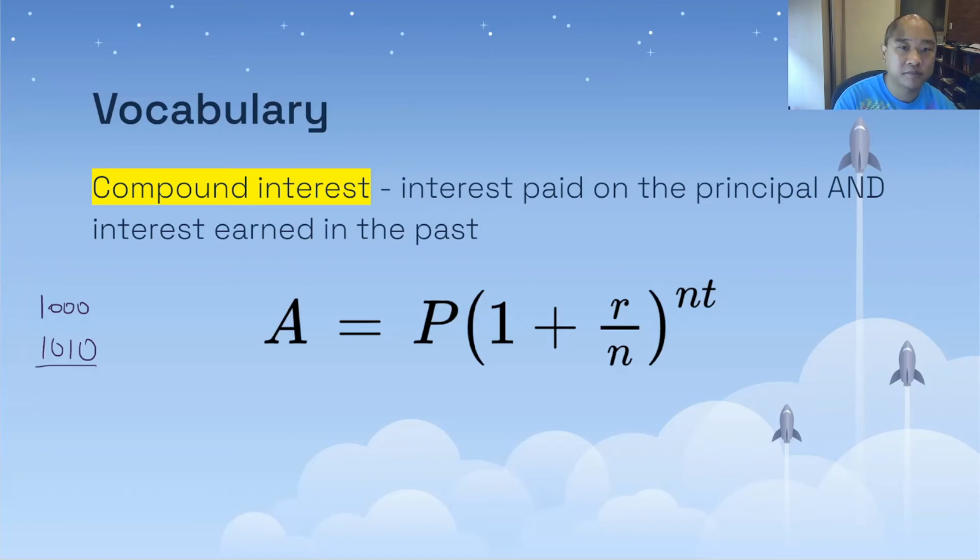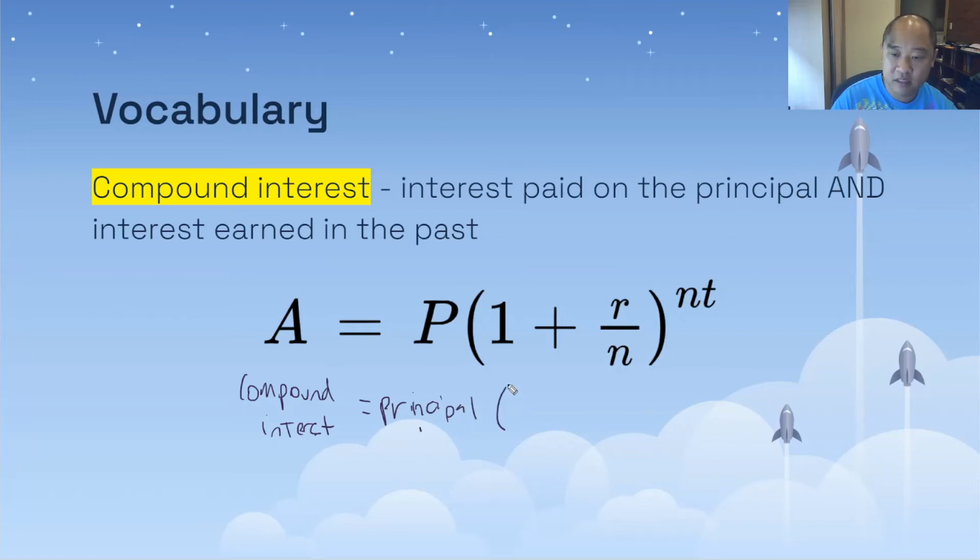So let's look at this equation. This is compound interest equals the principal times 1 plus the rate over the number of times compounding, to the number of times compounding times the number of years.